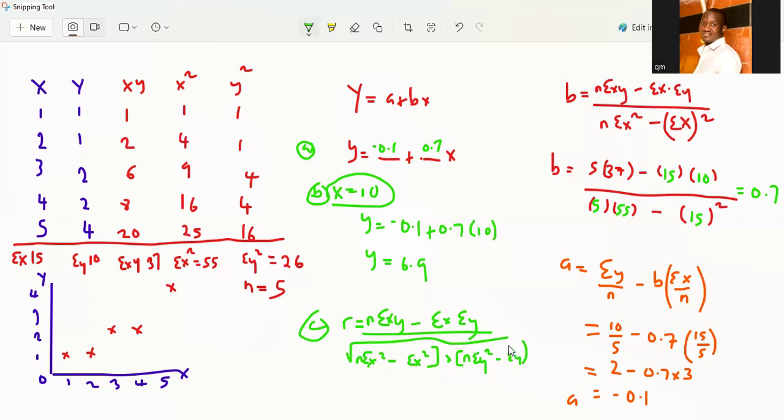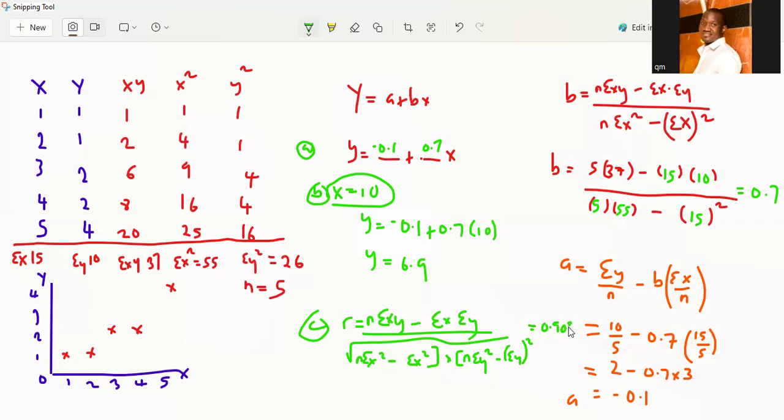So when you substitute, it's almost the same as what we're substituting here. Your answer will be 0.903.